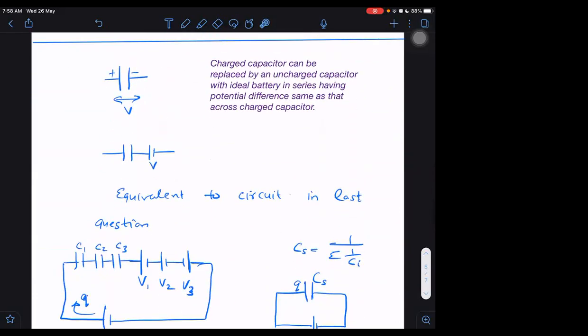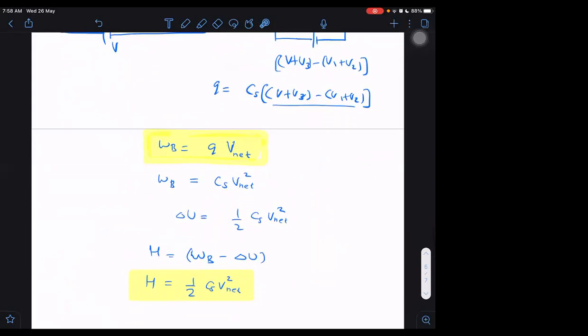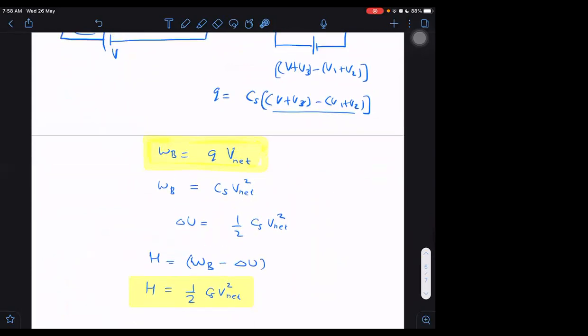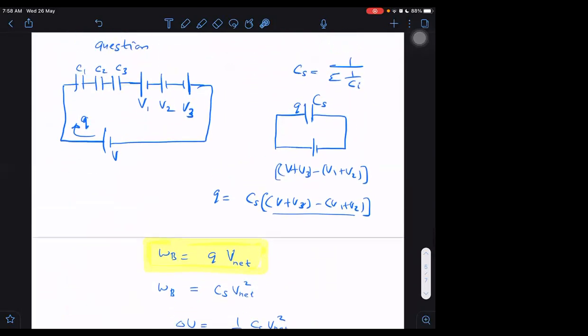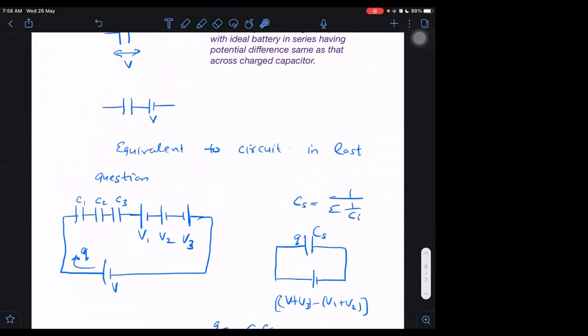Will we get this from... we can think it is like work done by this battery connected in series, right? It is like work done by the battery connected in series. It is appearing like that only.